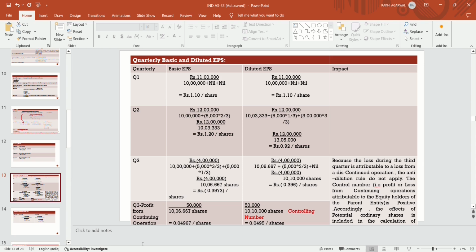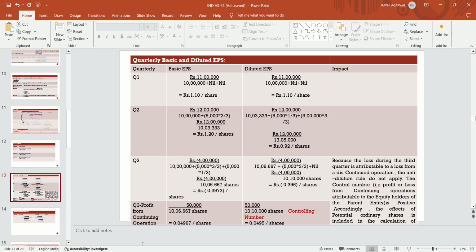And diluted EPS in quarter 3 becomes a loss of 4 lakhs divided by the number of shares calculated in basic EPS, that is 10 lakhs 6,667, plus the potential shares for the retail store opened in quarter 3, that is in September. We have taken 1 month, and potentially they have 2 months.